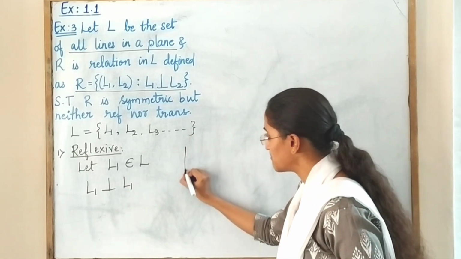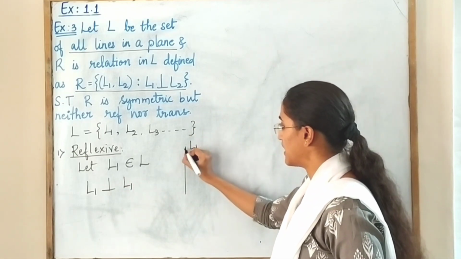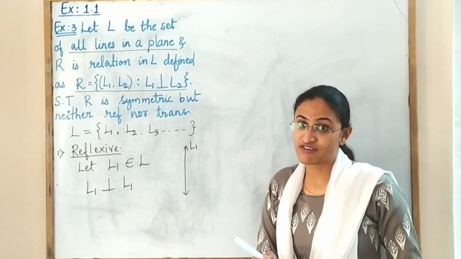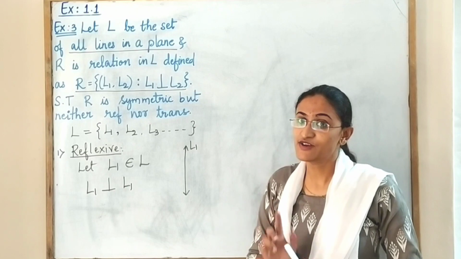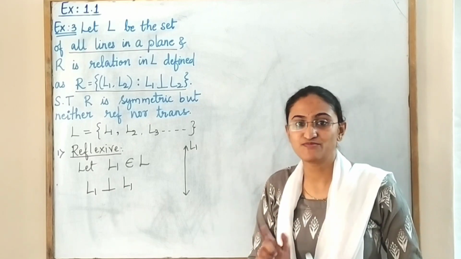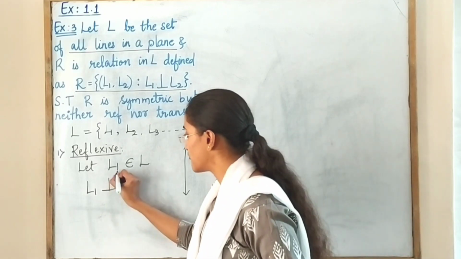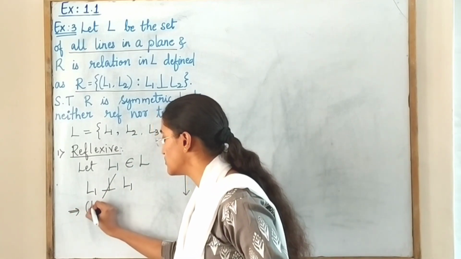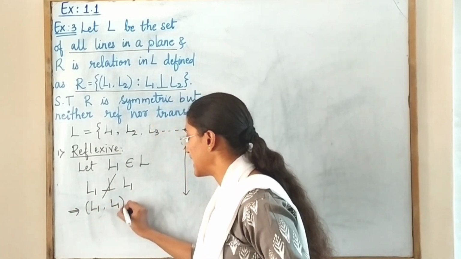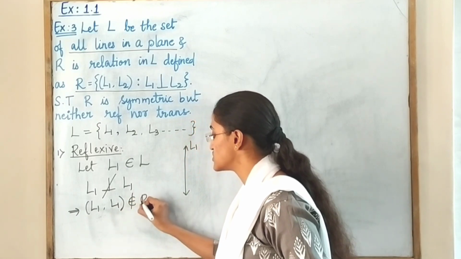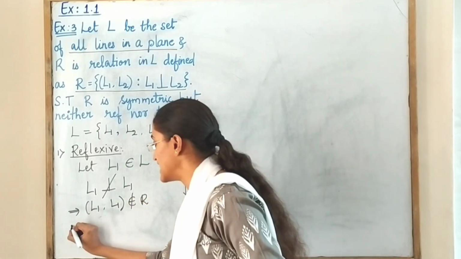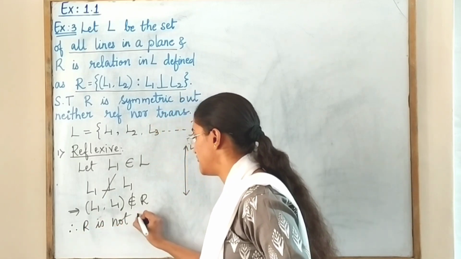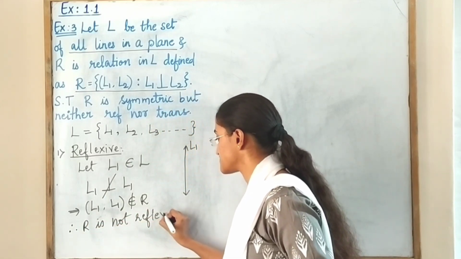If I am taking some line L1, is this line perpendicular to itself? Never. A line is parallel to itself, but a line is not perpendicular to itself. Therefore, L1 is not perpendicular to L1, and hence you can conclude (L1, L1) does not belong to the relation R, and hence R is not a reflexive relation.